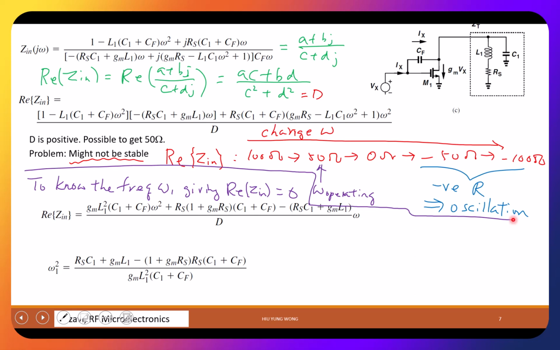So this is what it is trying to do. You try to solve and then find that omega 1 squared equals this.